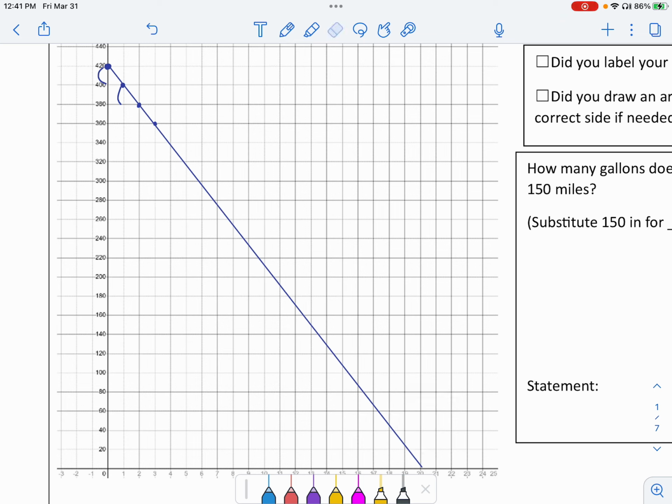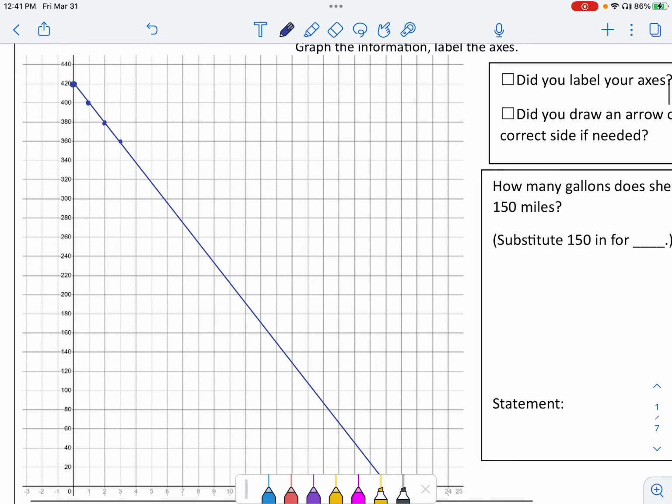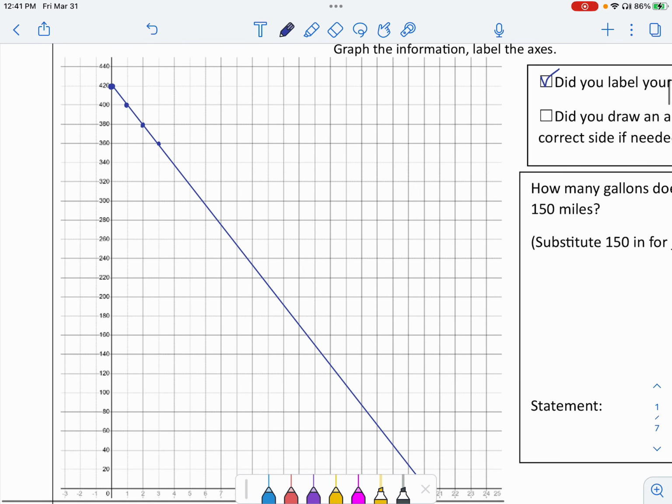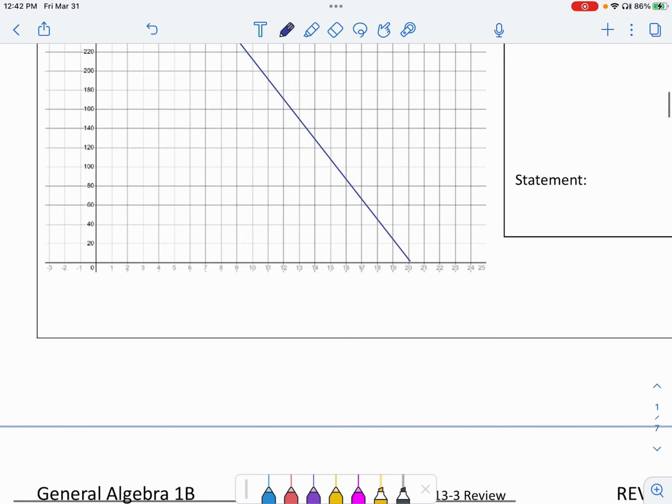So it's not going to have an arrowhead on either side because I can't have negative gallons and I can't have negative miles. So this is my line. I do need to go ahead and draw my labels. So over here, this is how many miles I have left in my car. And this down here is how many gallons I have used. And I guess maybe I should use a capital G since it's a label.